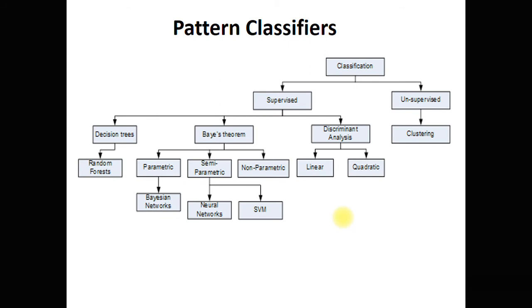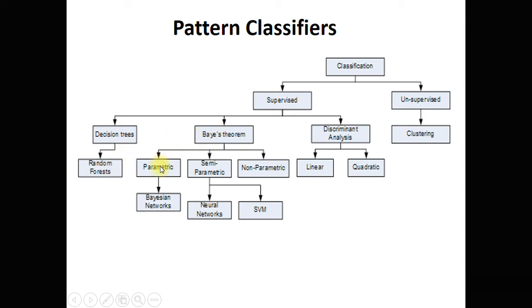So this is the tree which shows the classification of the classifiers. We have classification done in two different ways, supervised and unsupervised. In supervised, we have decision trees, Bayes theorem, and discriminant analysis. In decision trees, they make use of the popular random forest.